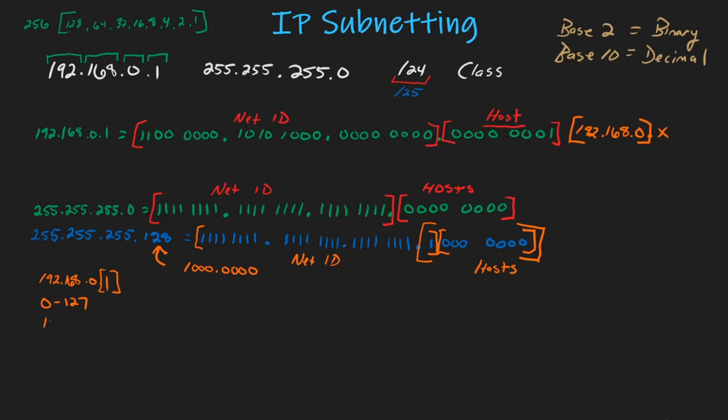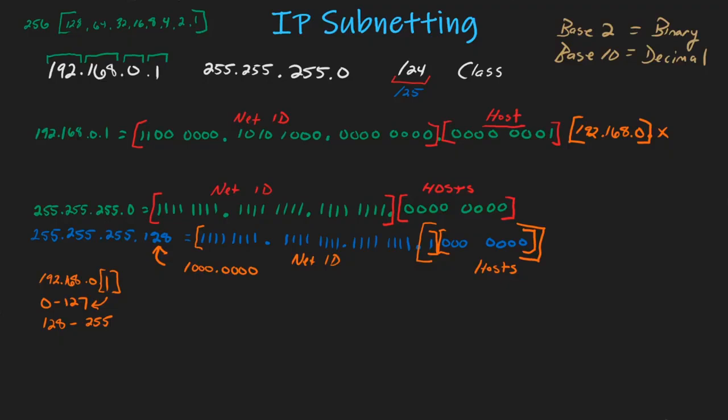And then the numbers 128 through 255, because the highest we can represent in binary in 8 bits is 255, but we have 256 values because 0 is a value. So we know that these are 2 possible subnets because that's all that's going to fit. And if we have .1, we know we have to fall into this first subnet.